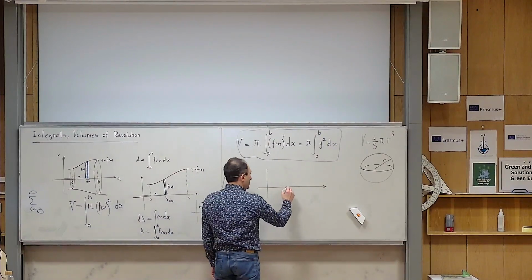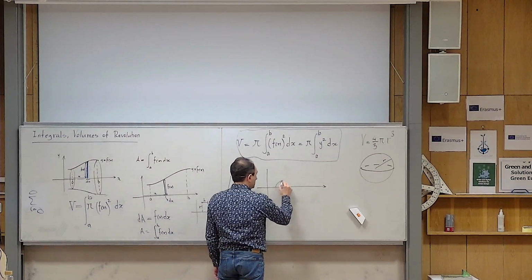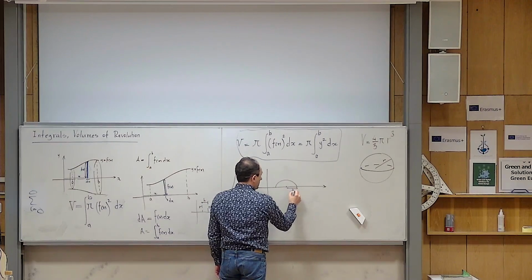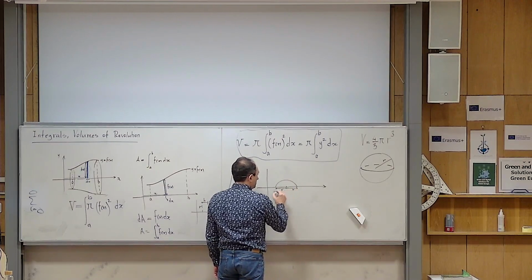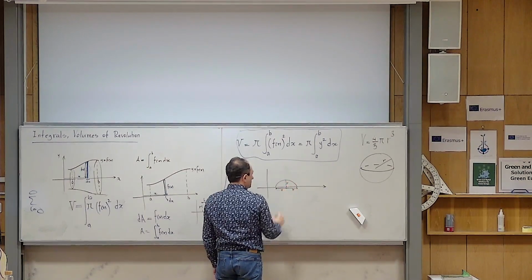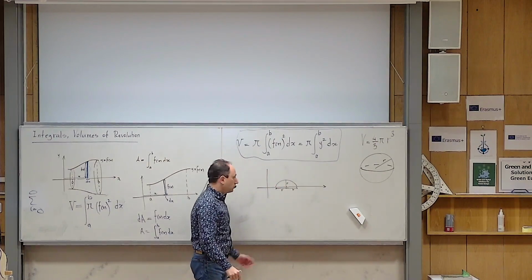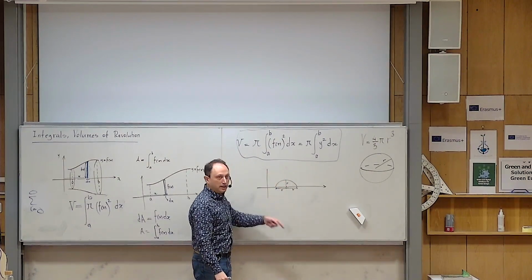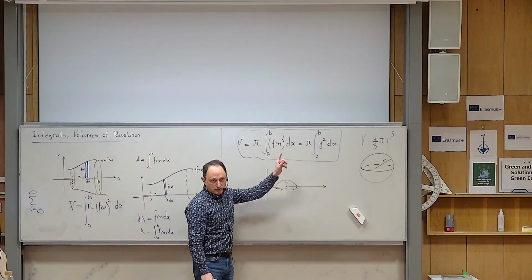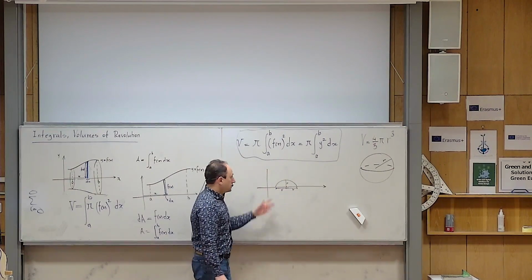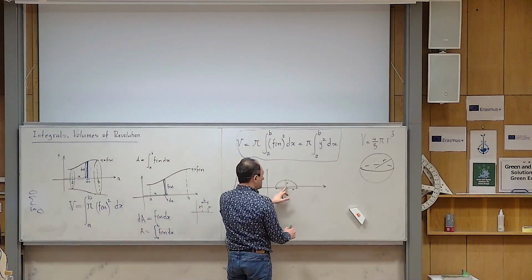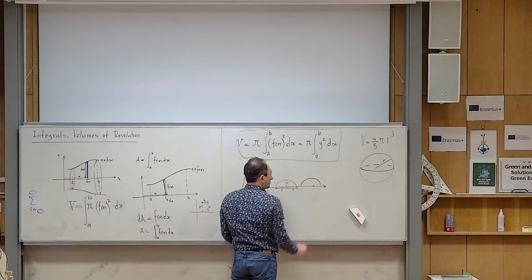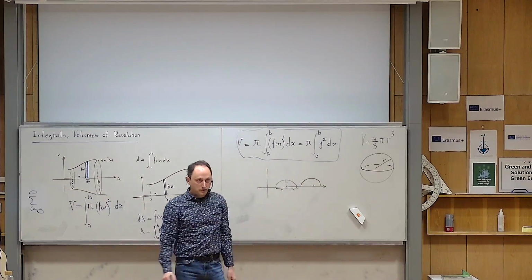Because if I take the center here, and this becomes r, and this becomes r, my picture is not very good, this should also be r, this is the semicircle. I hope that you understand that if I rotate it, it becomes that sphere. But as you told me, if I take not this one as the center, take this one as the center, and I do that, it will also generate this.